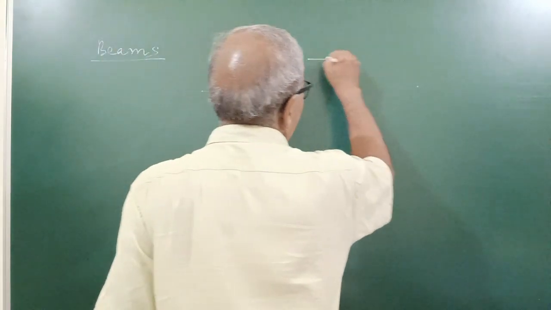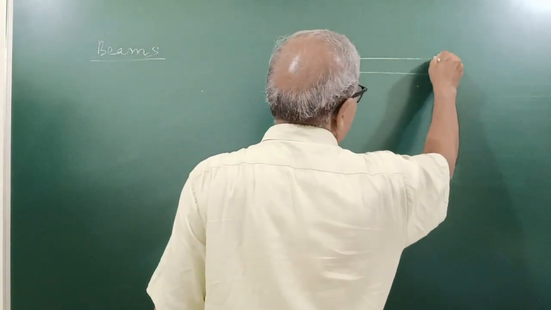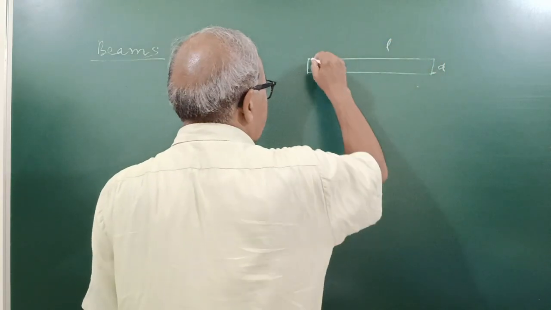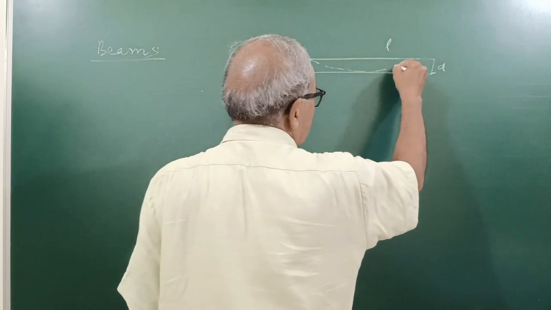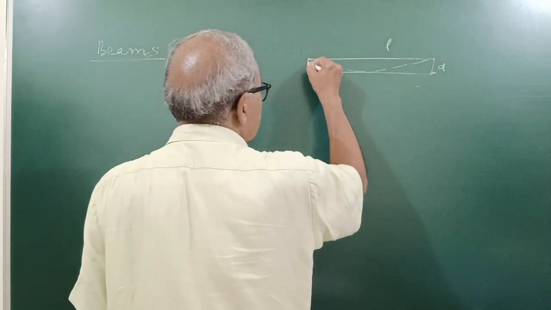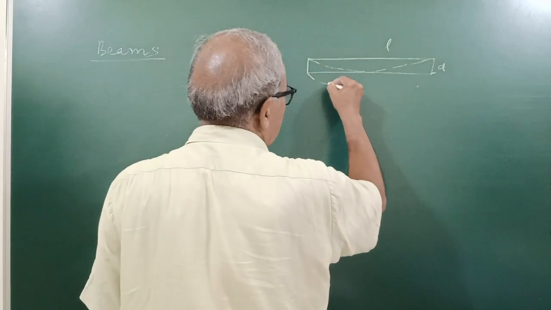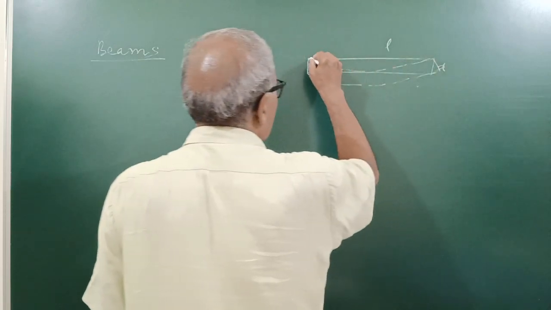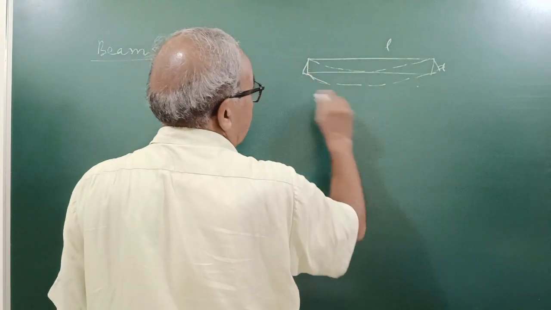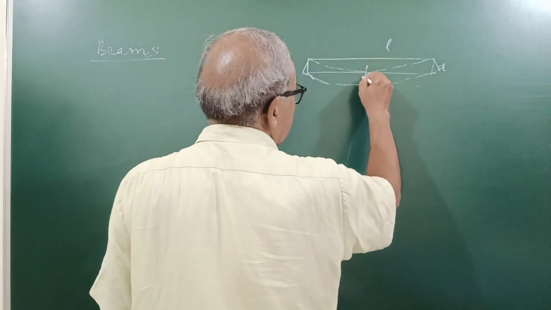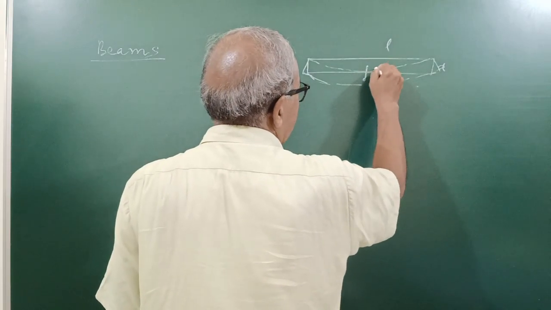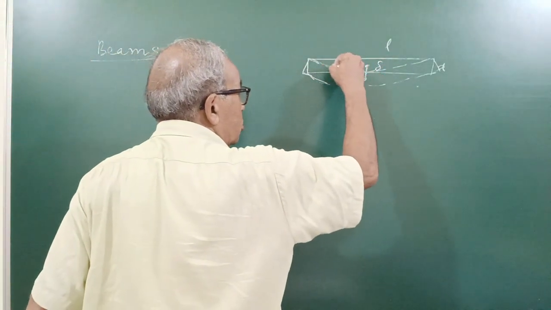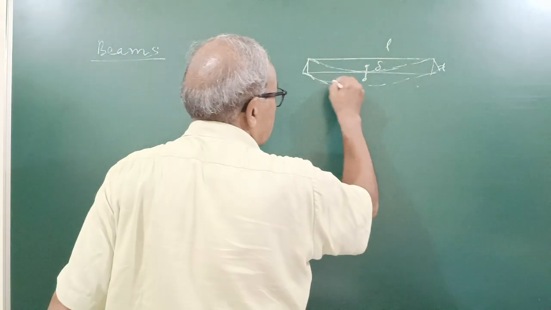Suppose here is a beam of length L and depth D. When a weight is suspended, it may bend like this. The depression at the center will be the delta depression. So this bending of the beam should not take place.